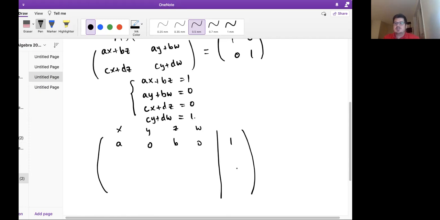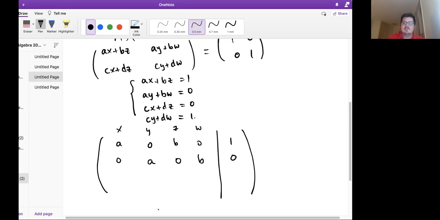All right, so let's do the second row. Someone give me the second row. Oh, you did Z last. That kind of makes sense, because Z is the last letter. Yeah, so there's 0 X's, there's AY's, there's 0 Z's, and there's BW's, and it's equal to 0. All right, let's keep going.